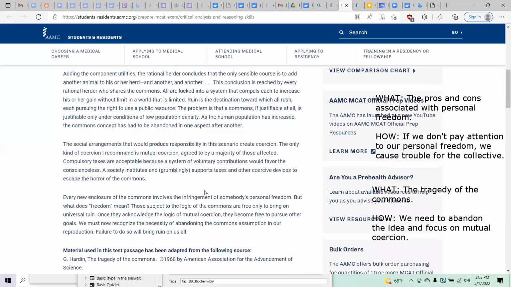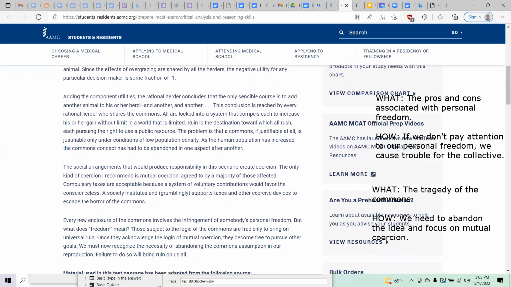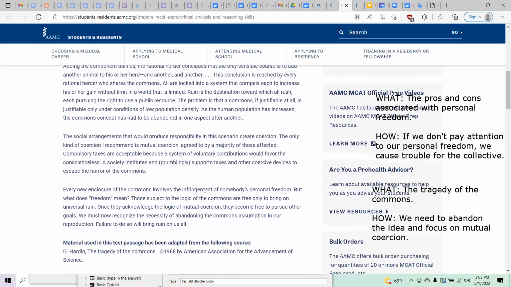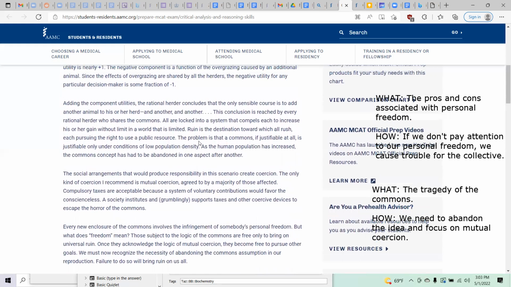I think A, the future is wrong because of another part that we highlighted. He says something about how we needed to abandon it. As the human population has increased, the commons concept has had to be abandoned. Oh, wow. That already signifies past. Okay. Correct. That's why you need to be very, very judicious with your highlight. You need to choose the absolute best.